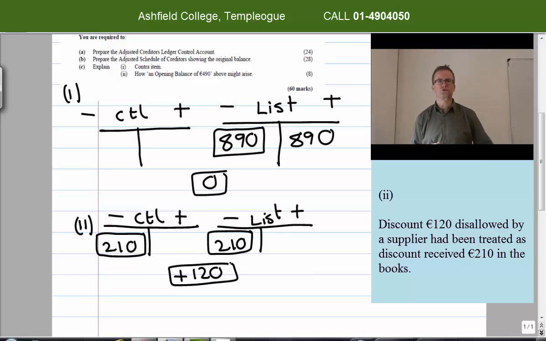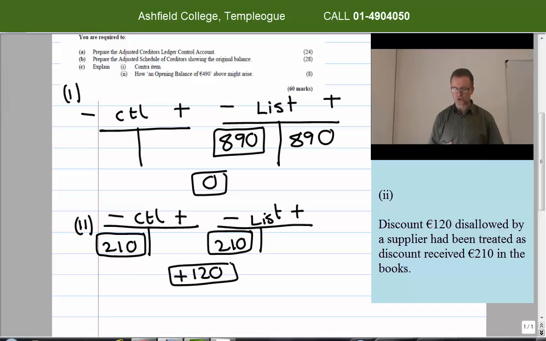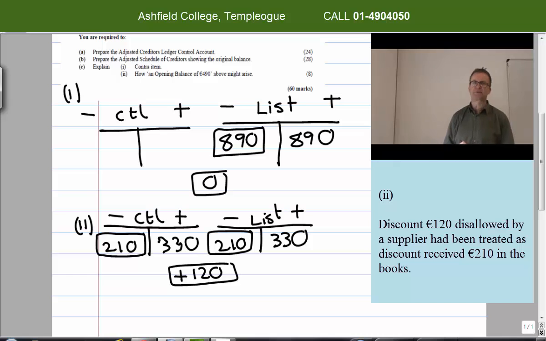So when I've got minus €210 on my control account and I want to end up having plus 120 in number line terms, I'm going to put in plus 330 on the credit side. In the list, exact same thing, minus €210. You're looking to go to plus 120, which means we're talking about plus 330. My details and my final answer will be discount disallowed.